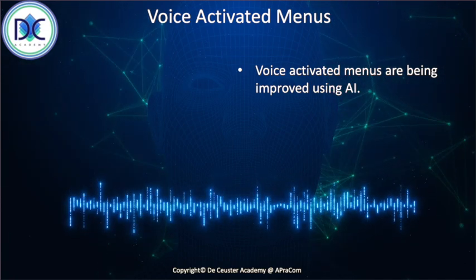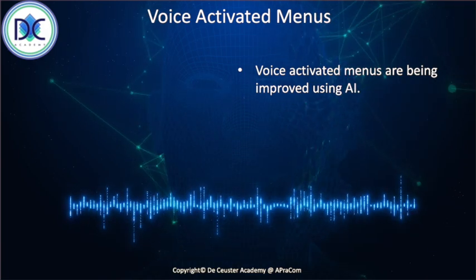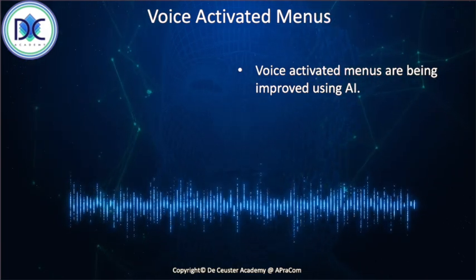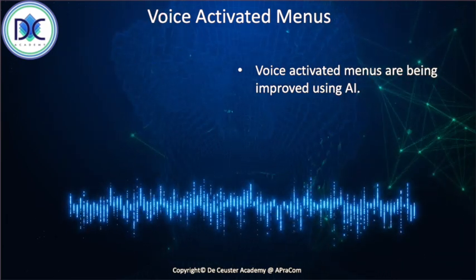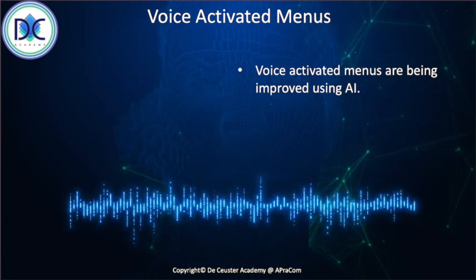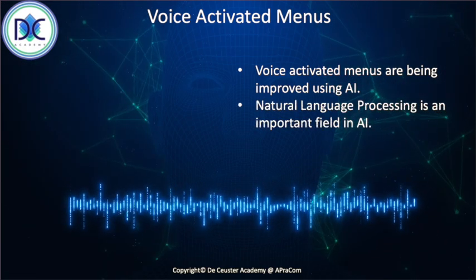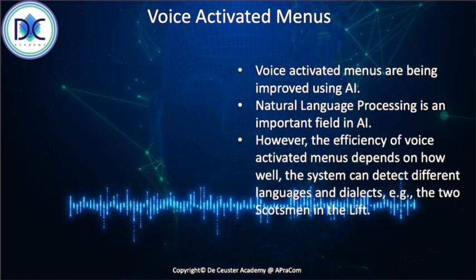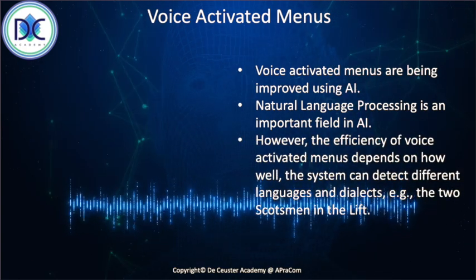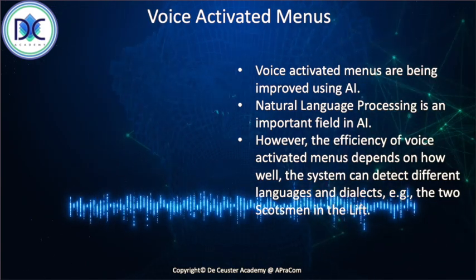We already see applications where, for example, we have automatic ways of adding subtitles under your videos, and it can be improved using AI. It's an important field in artificial intelligence, and there are a lot of applications that can be used and improved to have a better performance.